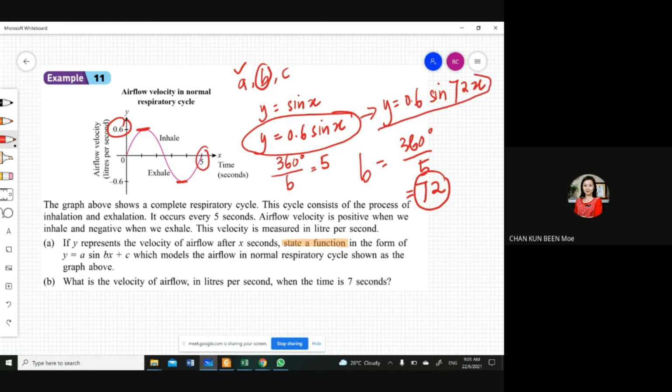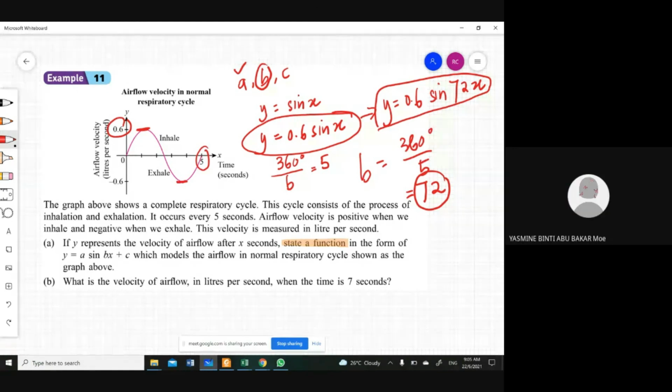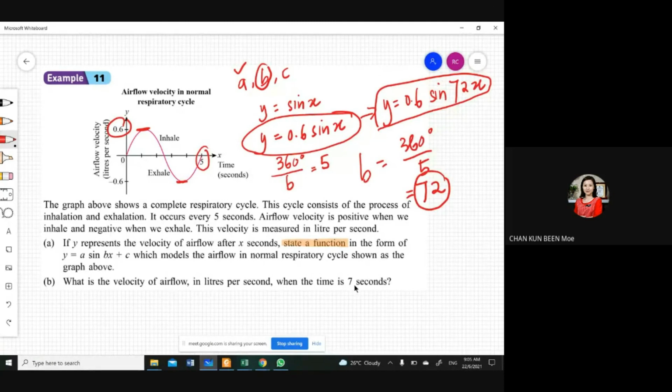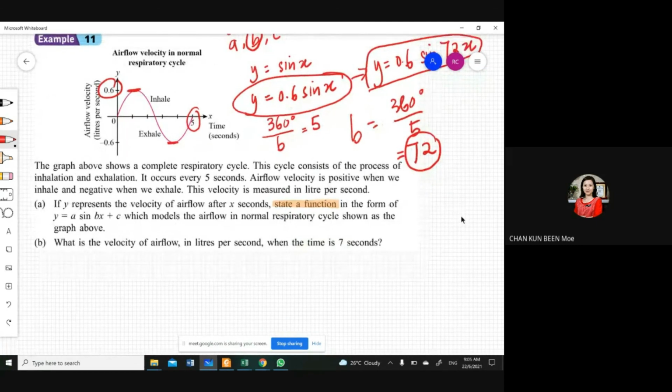Are you okay, class? Okay, so the first one is done. We look at part b now. What is the velocity of airflow in liter per second when the time is 7 seconds? So when the time is 7 seconds, from the equation, I rewrite: y equal to 0.6 sine 72x.